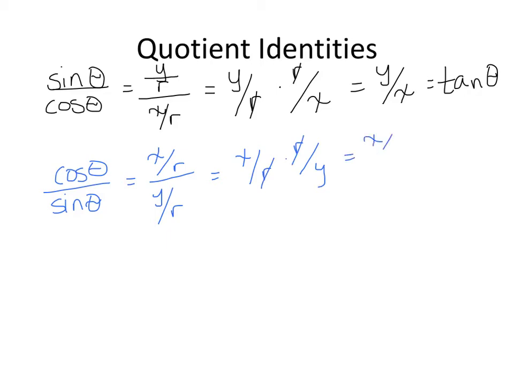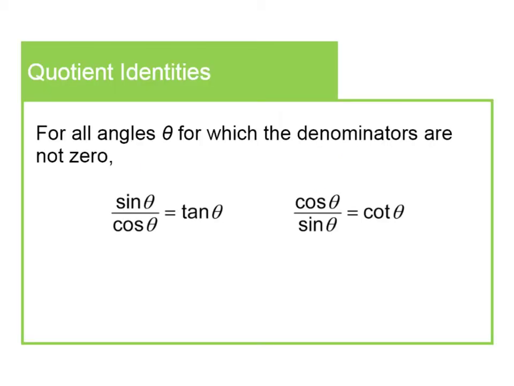And we're left with x over y, which is the cotangent of theta. Here are your quotient identities, again for angles of theta where the denominator is not 0. So anything where cosine is 0, this won't work. Any place where sine is 0, that one won't work.